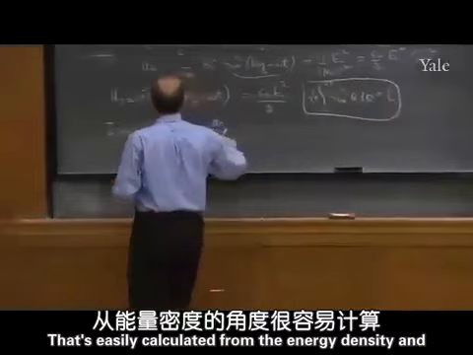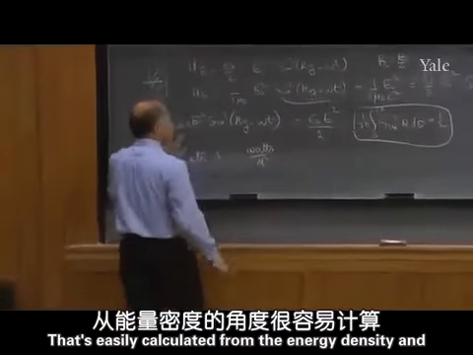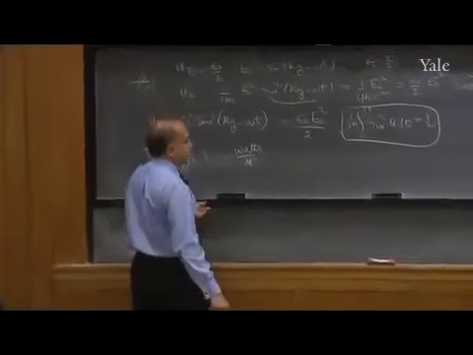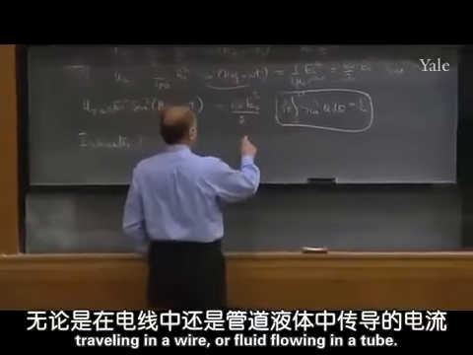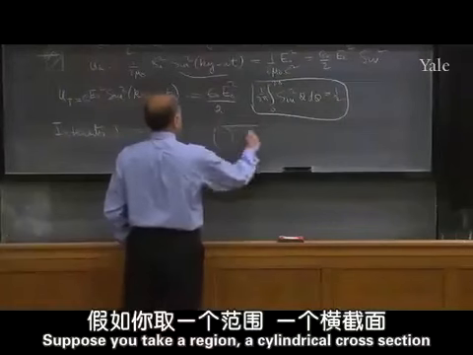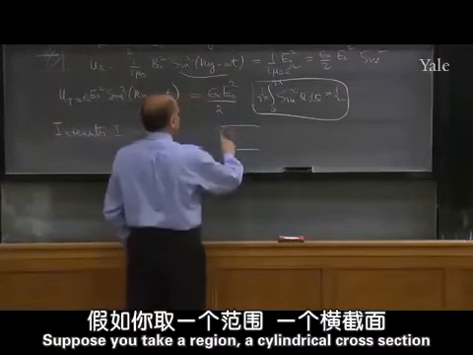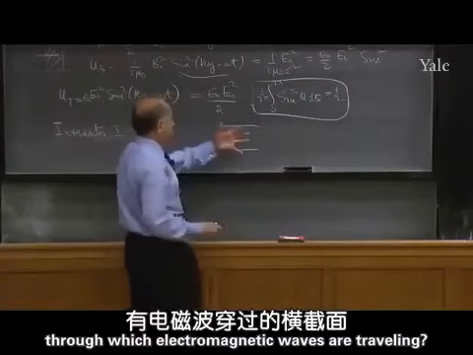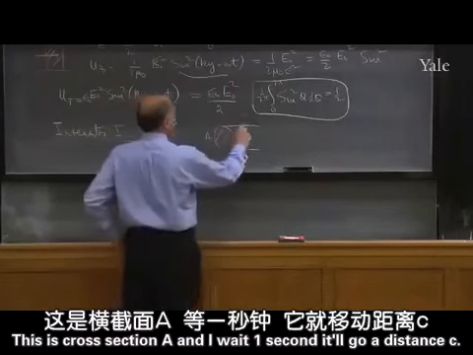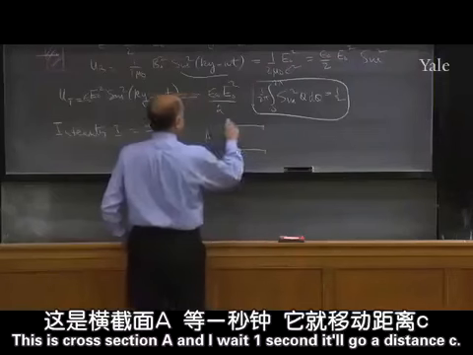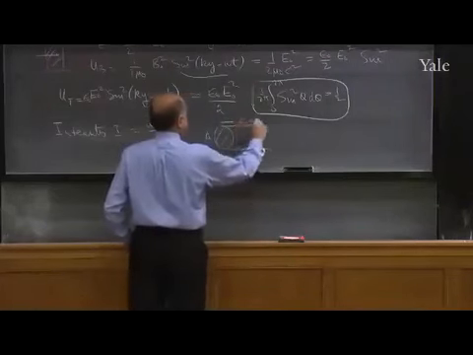That's easily calculated from the energy density, and I'll give you the reason. It's identical to the reasoning for currents traveling in a wire or fluid flowing in a tube. Suppose you take a region, a cylindrical cross-section through which electromagnetic waves are traveling. This is cross-section A, and I wait 1 second, it'll go distance c.